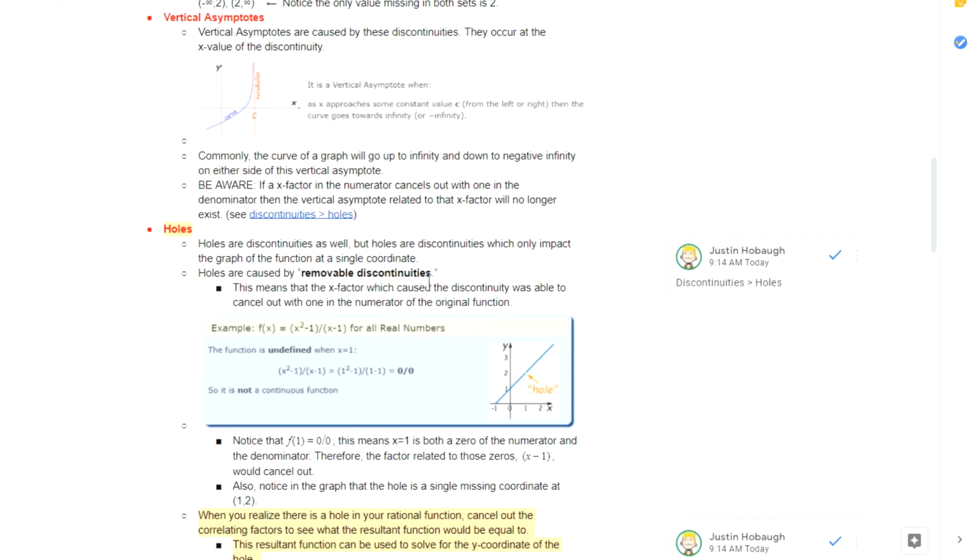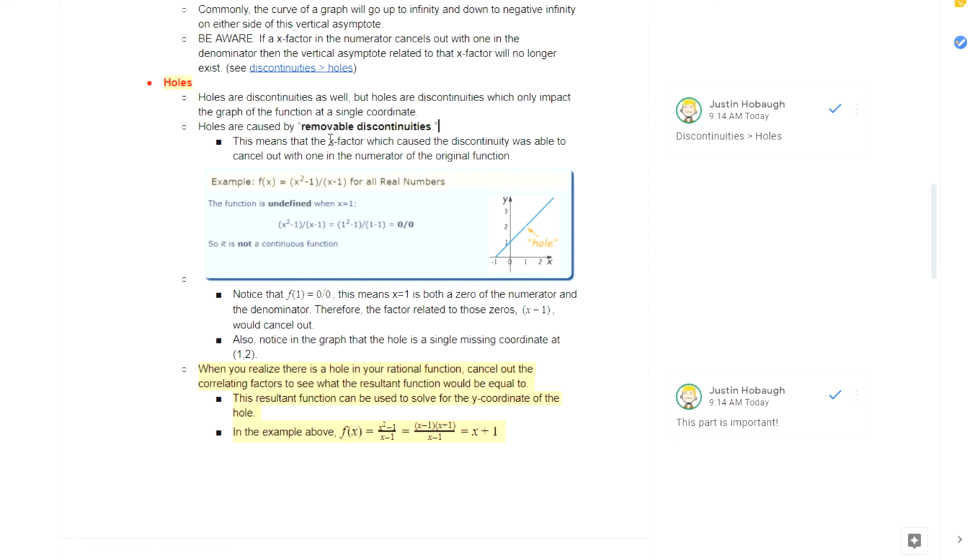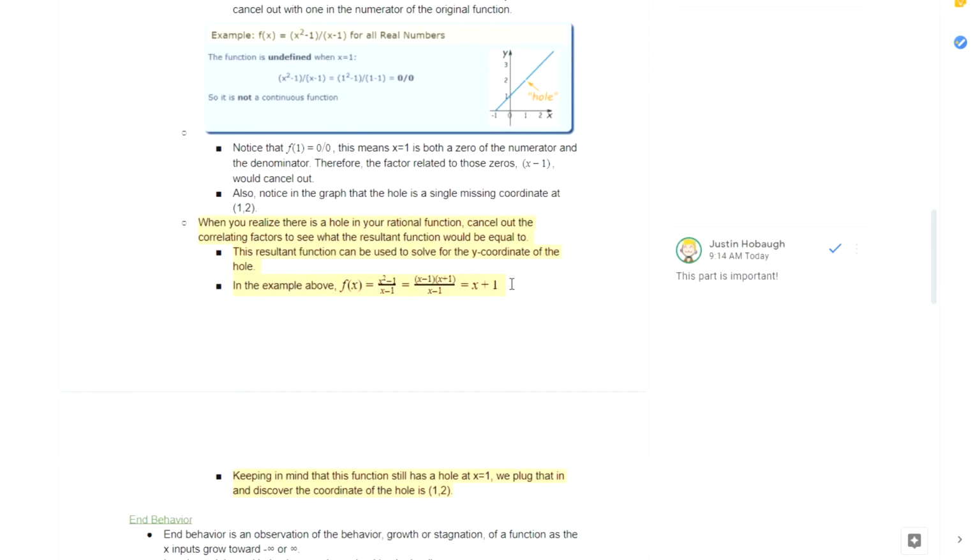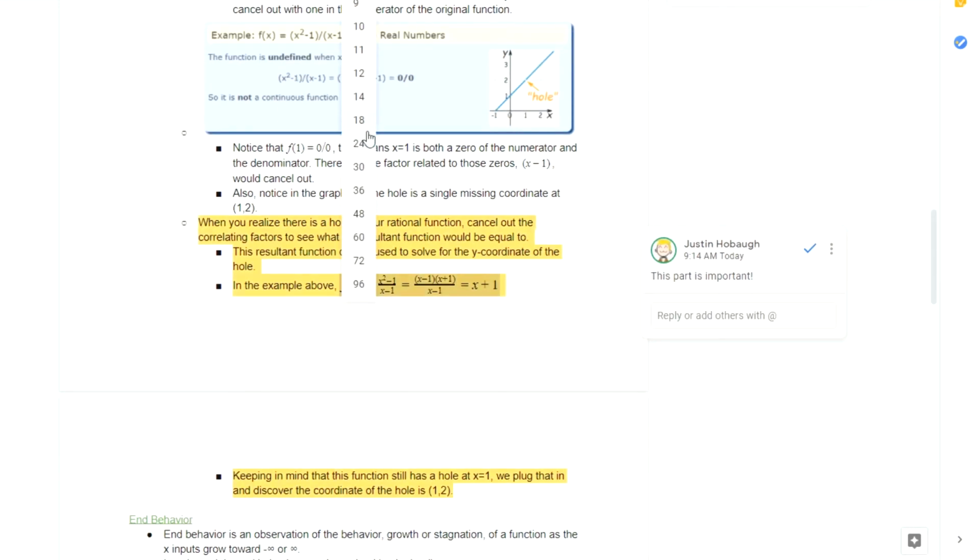Essentially, a removable discontinuity means that the factor which caused the discontinuity, that factor in the denominator, was able to cancel out with some factor in the numerator. So if you see this example here that I've got, I'll make it bigger. You see this example here? f of x equals x squared minus 1 over x minus 1.